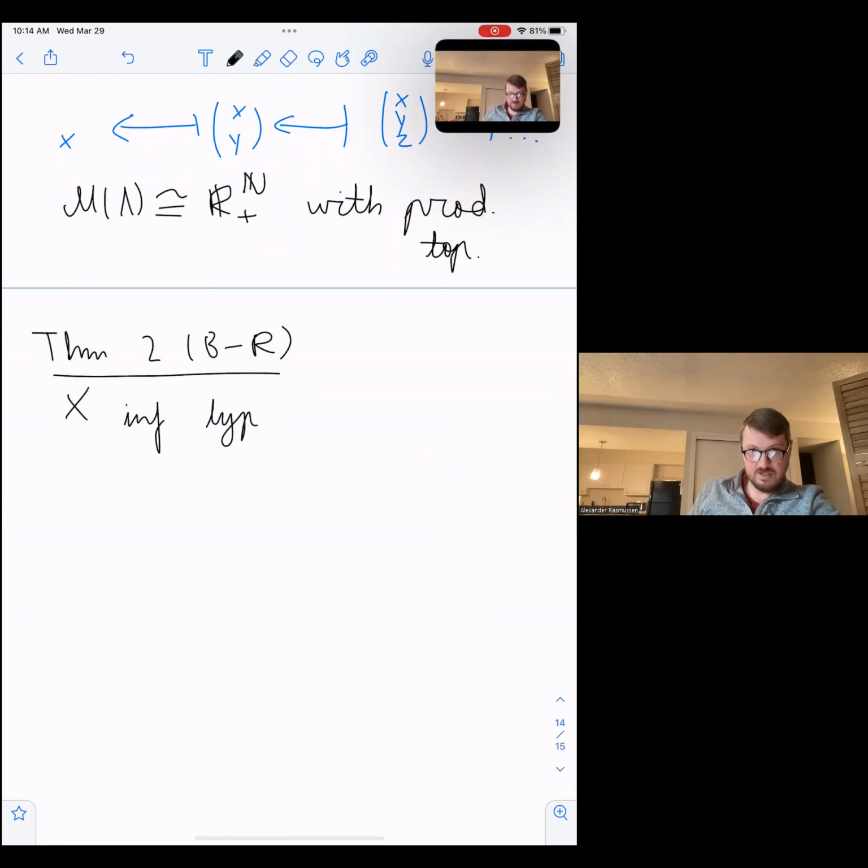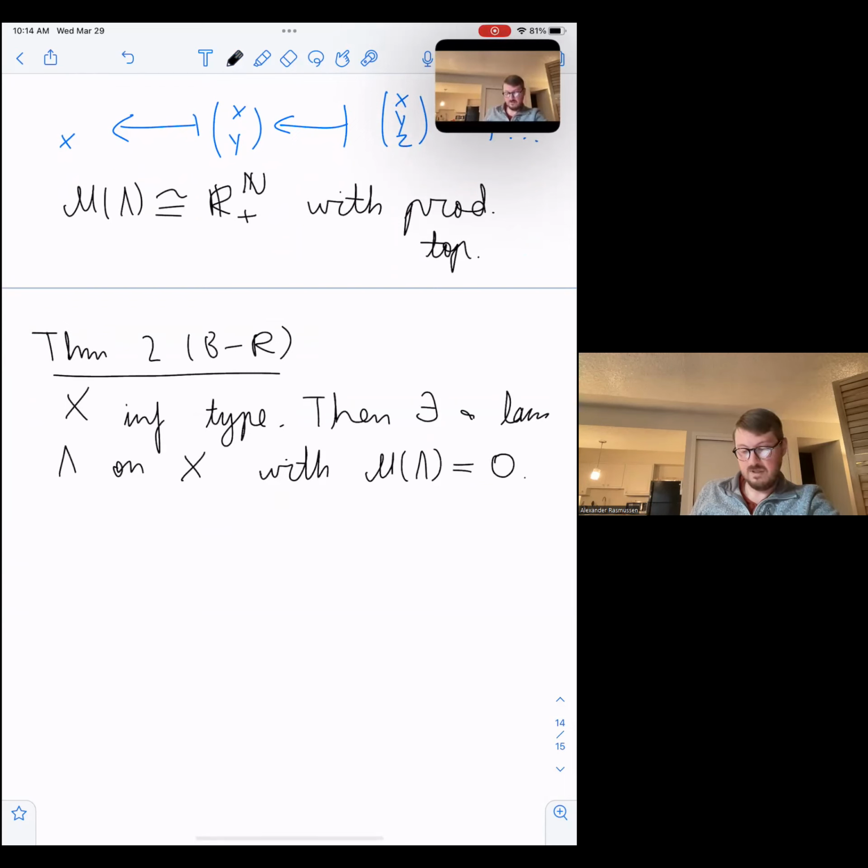If X is infinite type, then there exists a lamination lambda on X such that its cone of transverse measures is equal to 0. So there are no non-zero transverse measures whatsoever. So this is definitely an exotic property compared to laminations on finite type surfaces, which always do admit non-zero transverse measures.